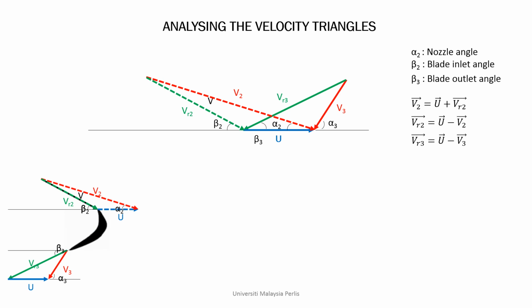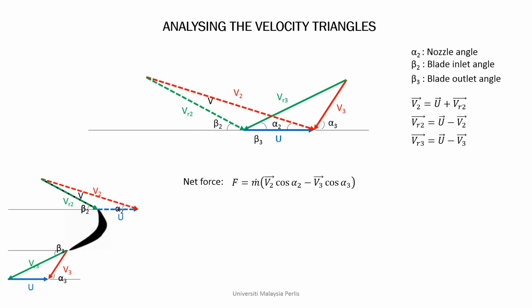In order to calculate the net force, first we have to get the component of V2 and V3 in the direction of u. Using the angle alpha 2 and alpha 3, we can get those components. If we multiply this with the mass flow rate, we will get the net force exerted on the blade, which causing the blade to move.